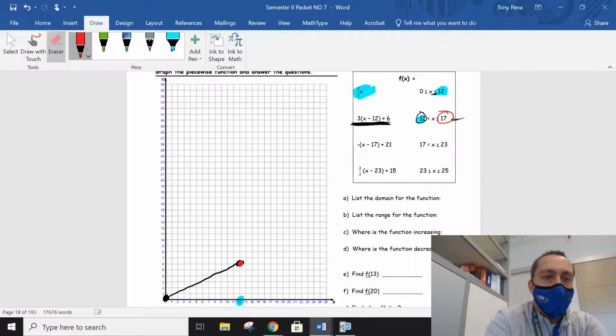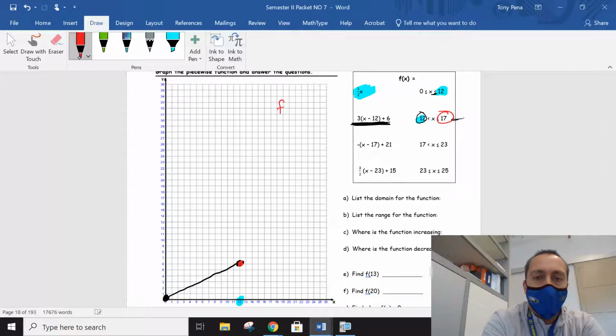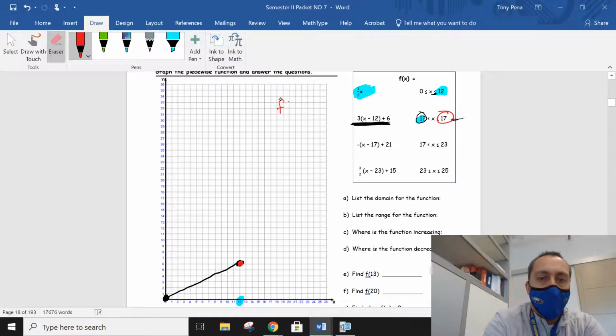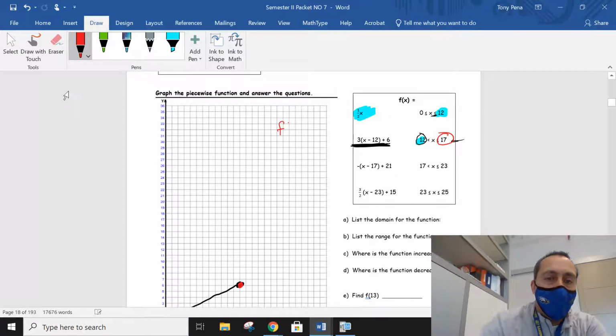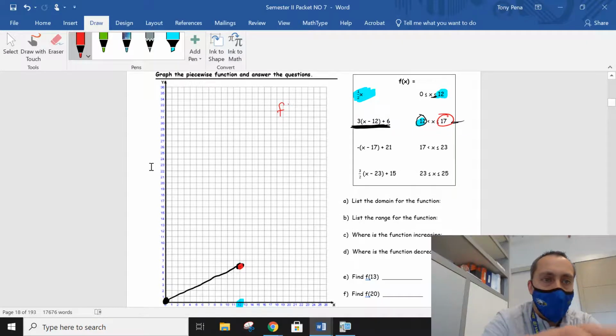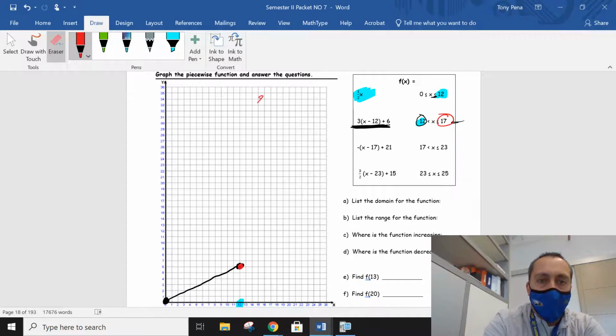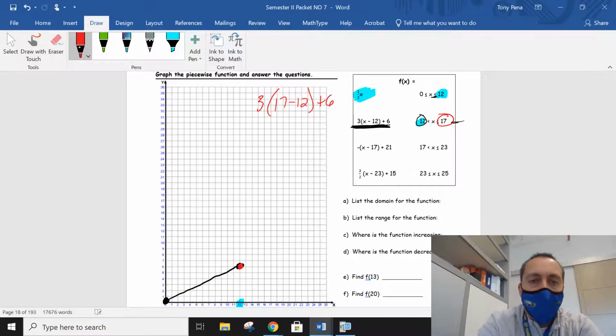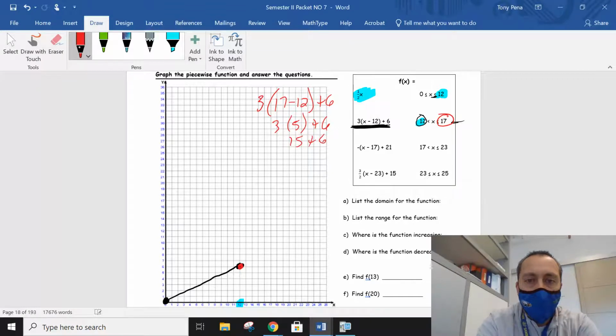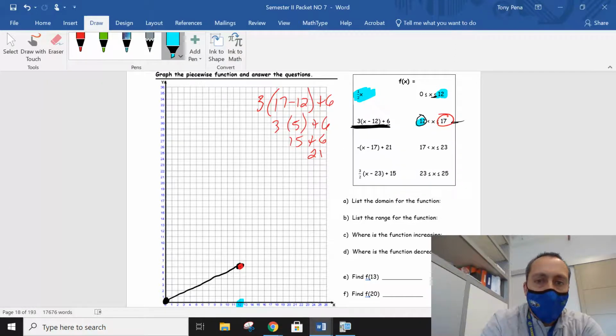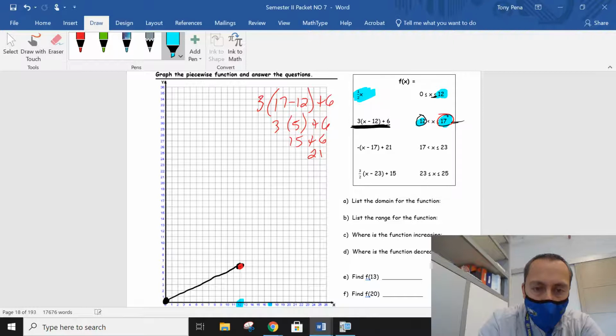Plot that point. So if I now do 3, 17 minus 12, and then plus 6, that is 3 times 5 plus 6, which is 15 plus 6. That is 21. So what that means is, go to 17. So here's 17 on the x-axis.